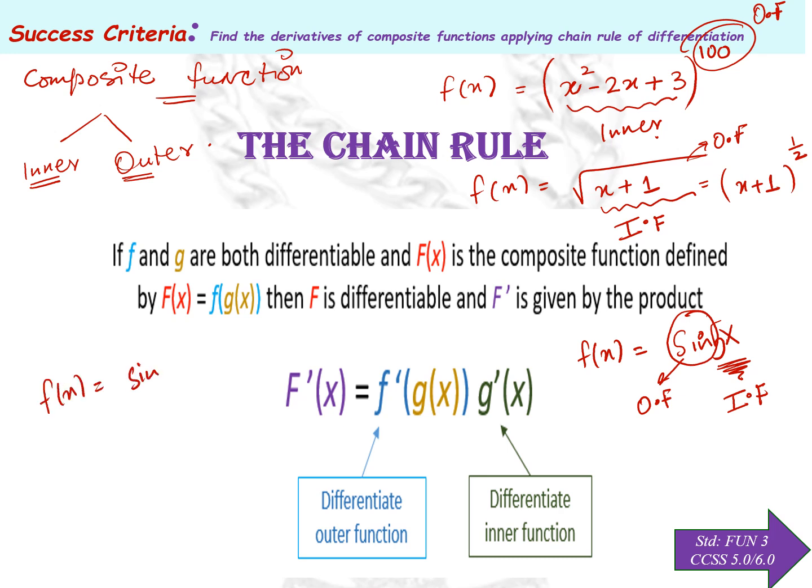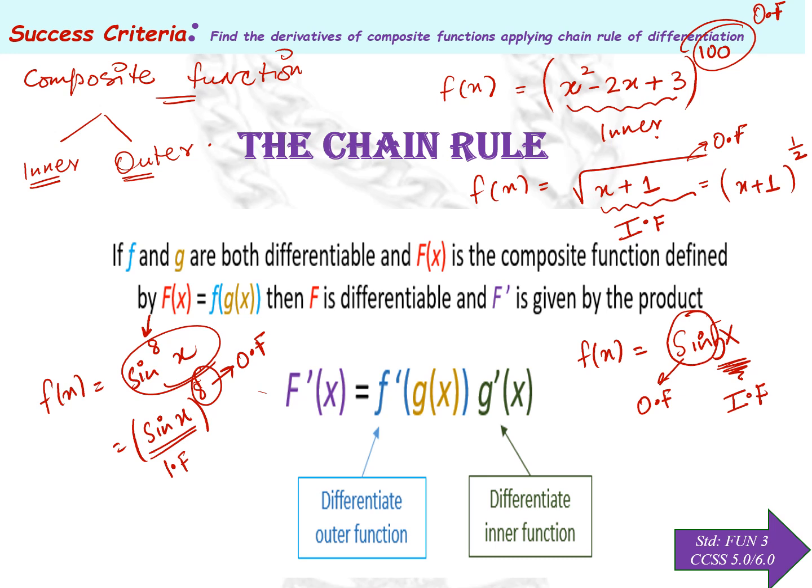Now the same kind of thing, one more time: if I have sine power 8x, this function can also be written as, or is equivalent to, sine x whole to the power of 8. Remember that if the power is written on the sine, cosine or tangent, it means it is the overall power. It is the power on top of the whole function. So now you can see that this sine x is actually the inner function and the power will always be the outer function.